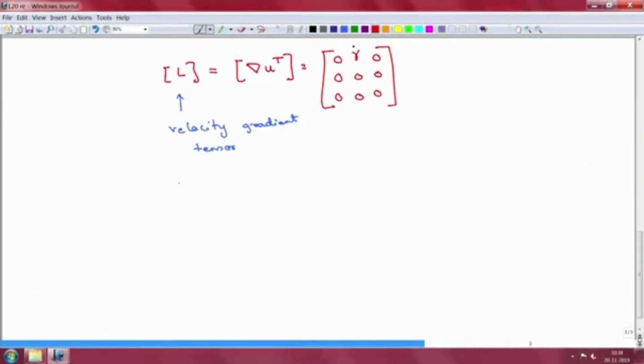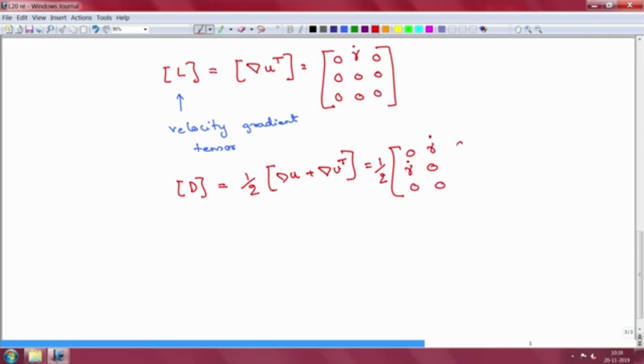Now, in this particular case, if you calculate the strain rate tensor, that is half times the velocity gradient plus its transpose. This will have two entries: you will have the half here, and this gamma dot here will also appear here.